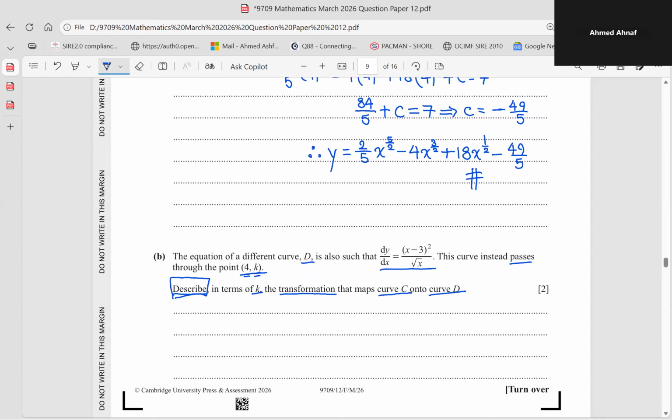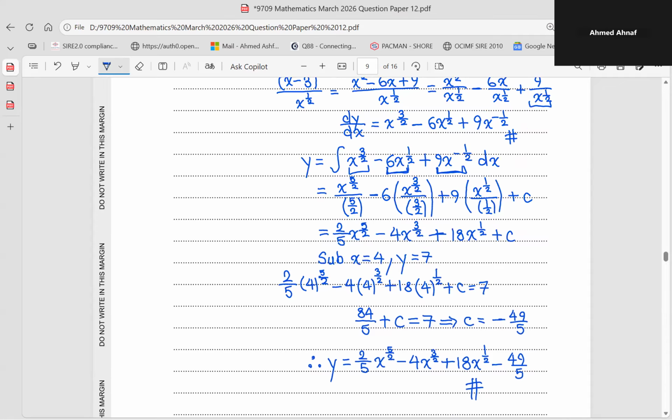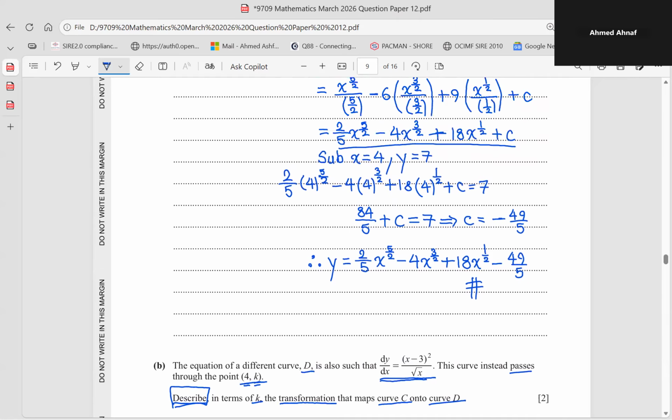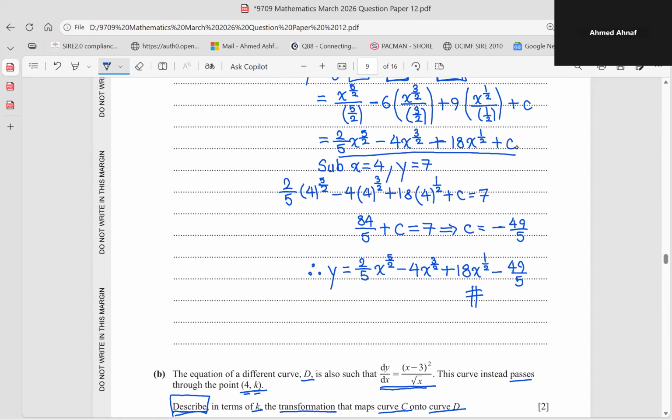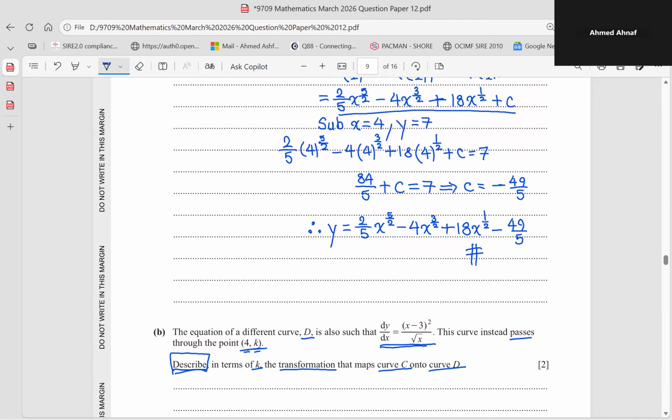So here, since the dy dx term is the exact same, the indefinite integral is going to be exactly the same. It's going to be exactly this. However, when we're going to find our unknown constant c, we're going to get a different value for c. So we're going to substitute x equals to 4 and y equals to k instead, okay?